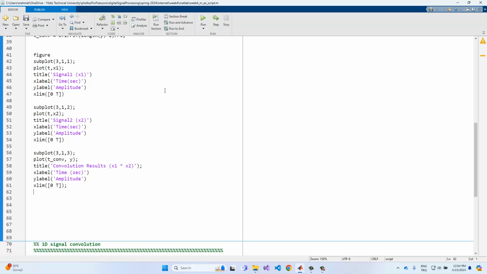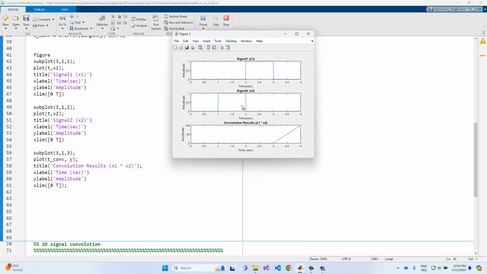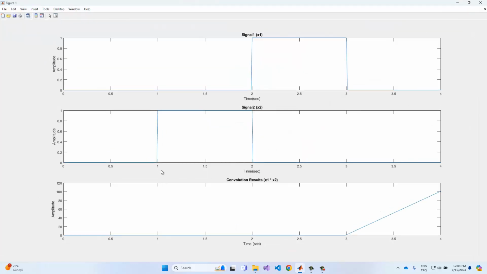So if I run this code, then we will have the convolution results just like this one, okay. For example, we have the x2 signal and x1 signal, and after 3 seconds we have the increasing pattern in here.